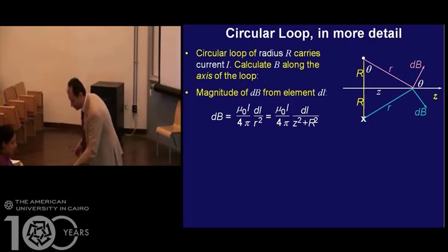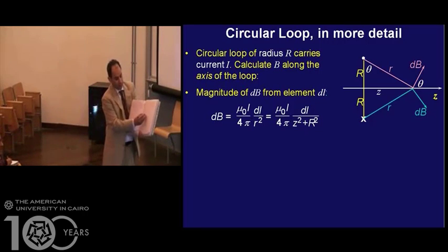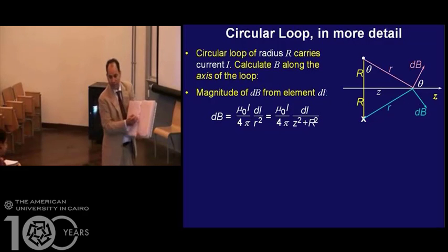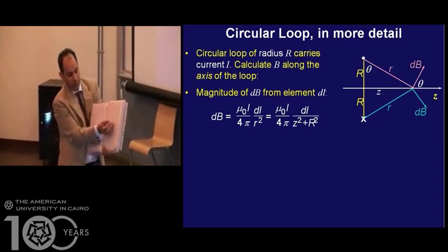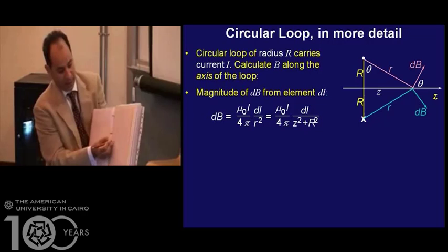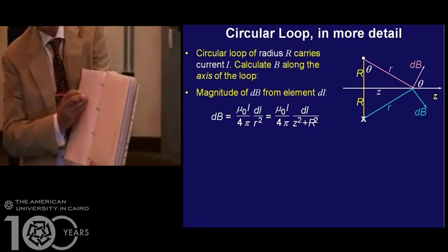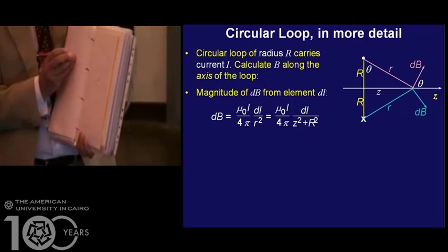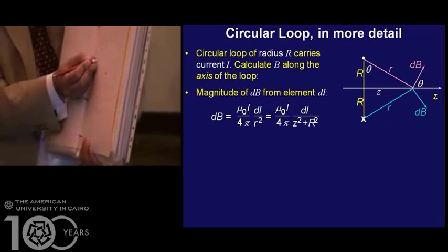Now, you have a wire coming out of that page. And this will be the magnetic field around it. At that point, what is the direction of the magnetic field?